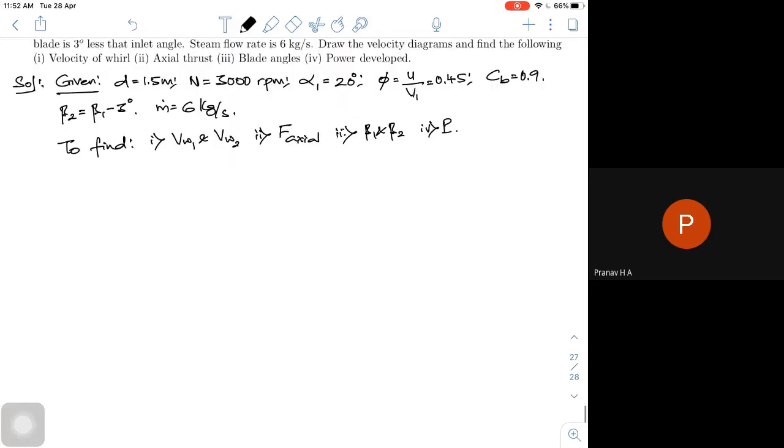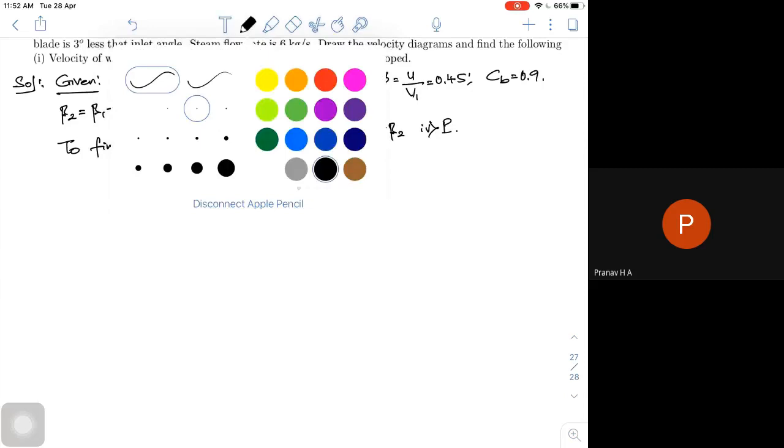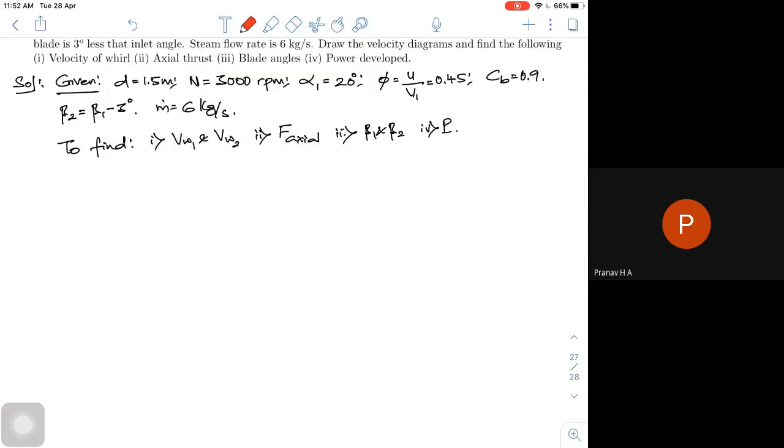So let's draw the velocity triangle. Whichever way we want, I have this is my u. Both ways I can solve it, this way or that way.